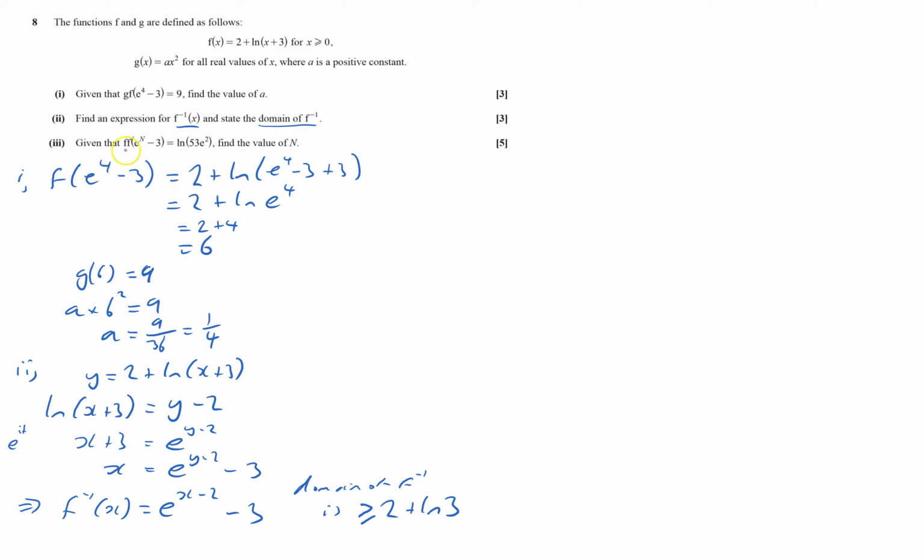And then part 3, given this, find the value of n. So let's put it right down into the expression, f of e to the capital N minus 3 equals ln of 53e squared.